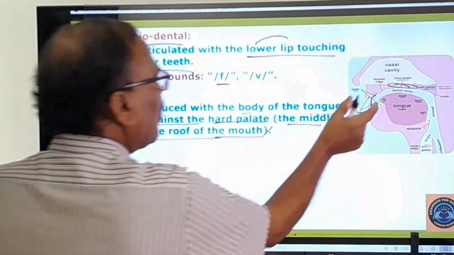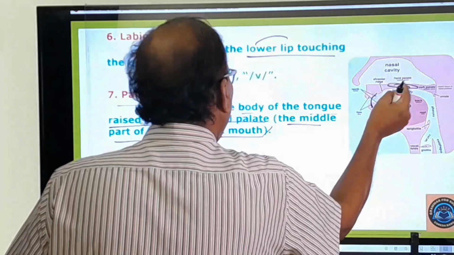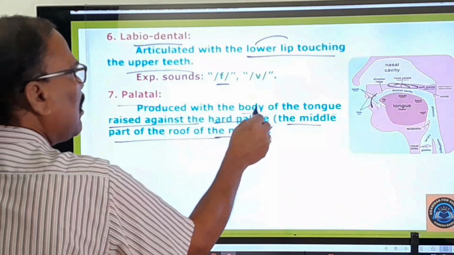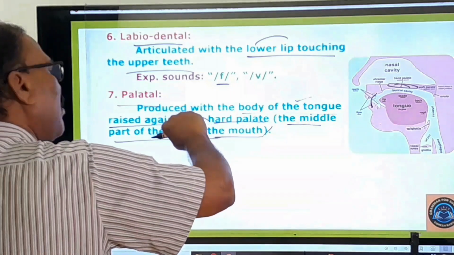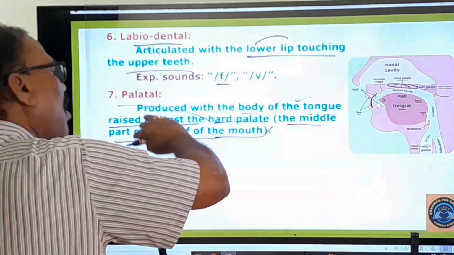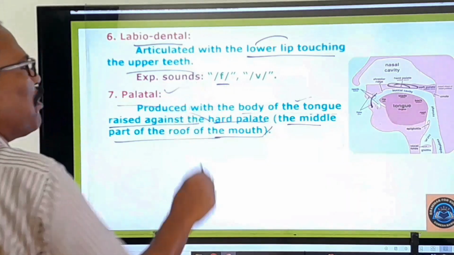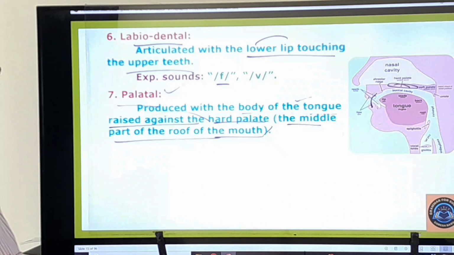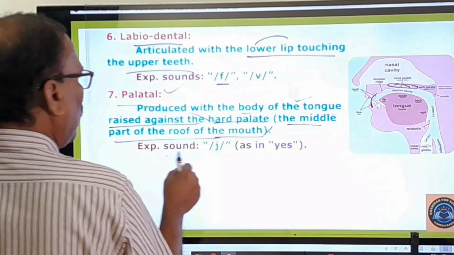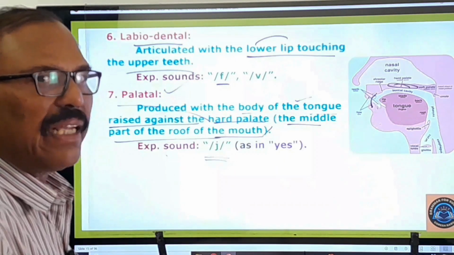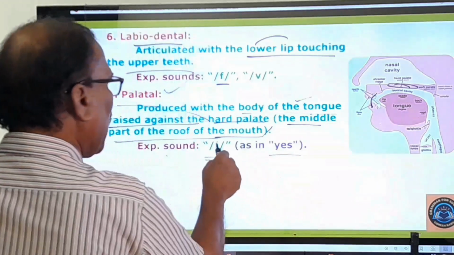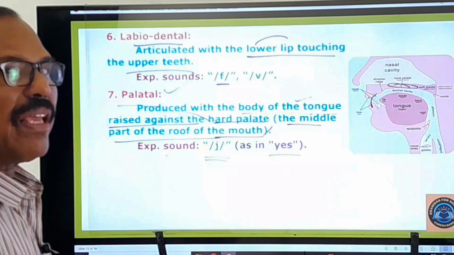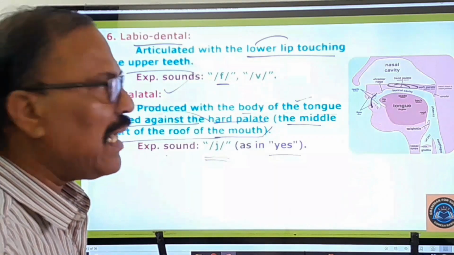So this middle part of the mouth is called the hard palate. With the tongue raised against the hard palate, these sounds are produced. Therefore, they are called palatals. Okay, the sound ya is there. Ya, ya, ya. In yes, the ya sound is produced in that way.